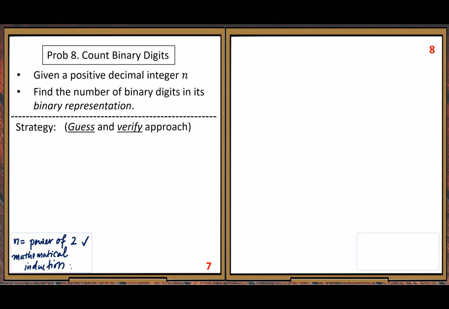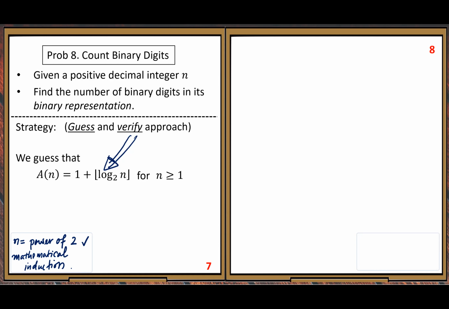But I may like to delay a little bit, because this mathematical induction, later when I work on Fibonacci numbers, I will apply mathematical induction another time. So this one, to show, because this is our guess, we need to verify this guess is correct.